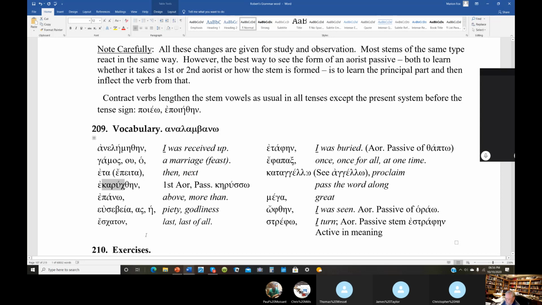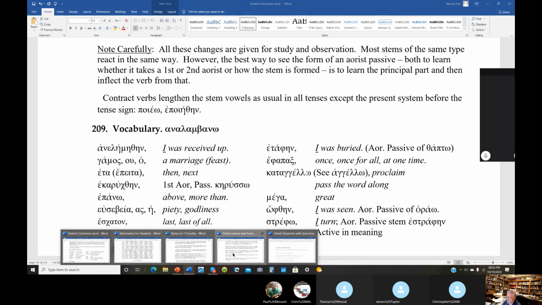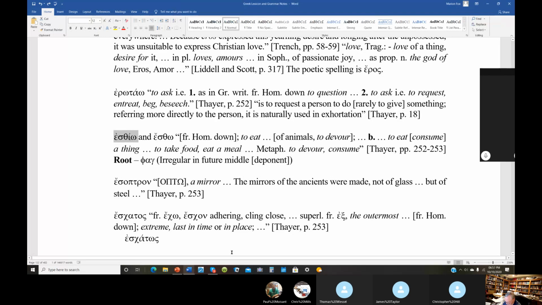Let's go back over to our form of Caruso. Caruso is one that is irregular. You can tell that here. It's irregular in the aorist passive. It's first aorist passive here, but it's irregular. So let's go back and look at Caruso, and we'll find that in just a minute. And I'll go to Kappa.